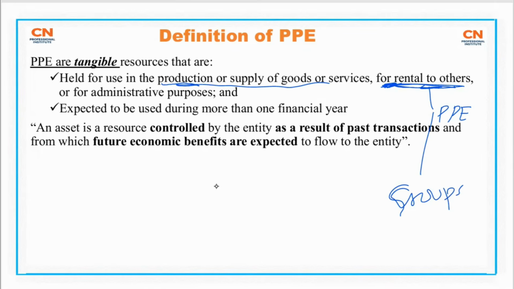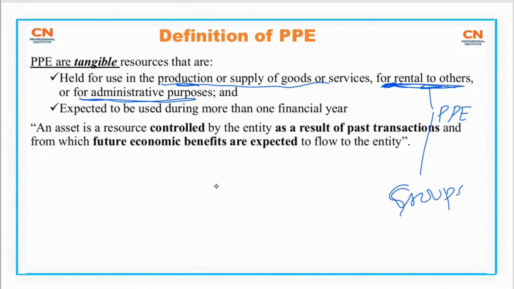So just know that PPEs are tangible assets that are held for production of goods and supply by the entity itself, for rental to others, or for administrative purposes. So if the entity has a building that they are using for administrative purposes, for their day-to-day running of the business, it is PPE. If they use it for production of goods and services, it is PPE. All right.